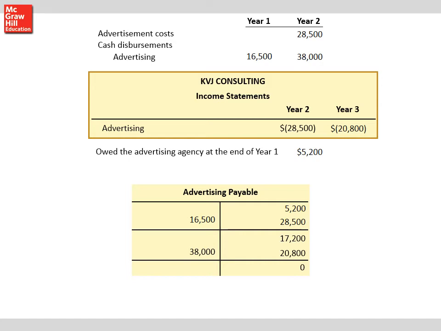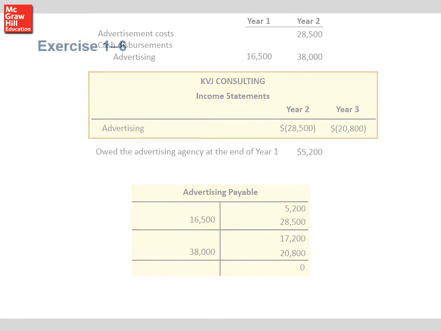The assumption is the day you debit advertising expense, you did not credit cash, but you credit advertising payable. That's the assumption there. So that is the answers for exercise 1-2. Lots of clicking. Apologize for that.